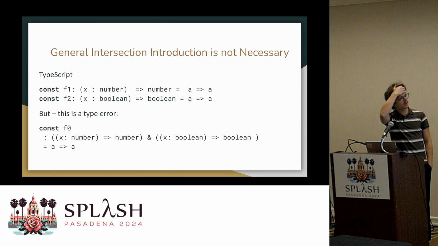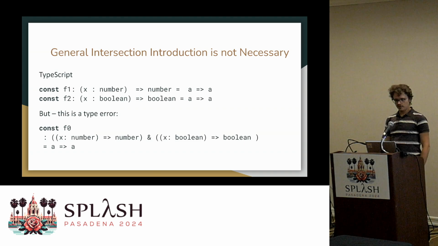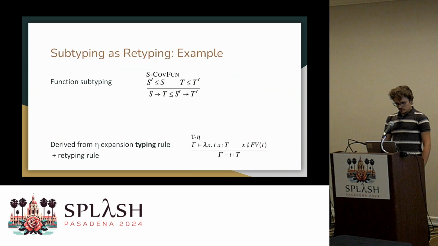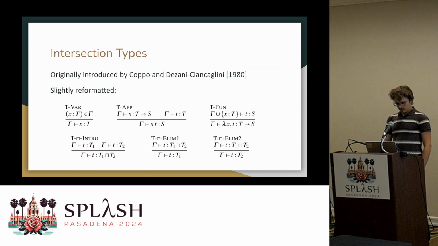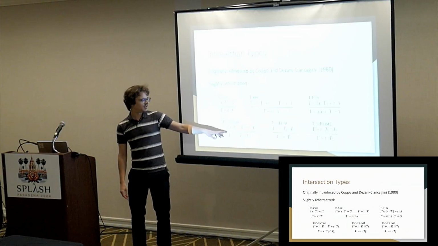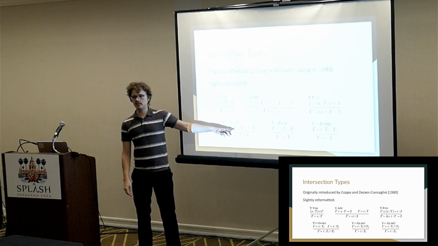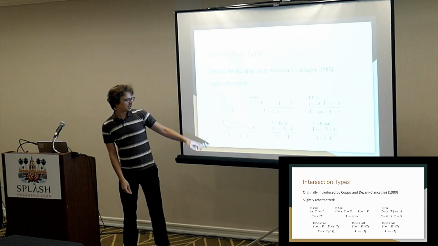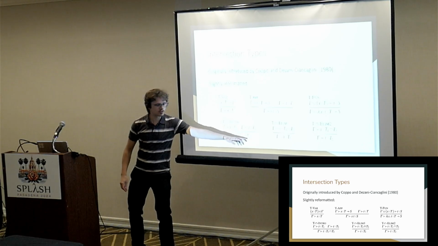Another thing that I want to emphasize is that the intersection introduction rule is not necessary to support in full. As a reminder, let me just quickly recap it. Intersection introduction says that any term t, if it can be typed independently at type T1 and T2, can then be typed at the intersection of T1 and T2.